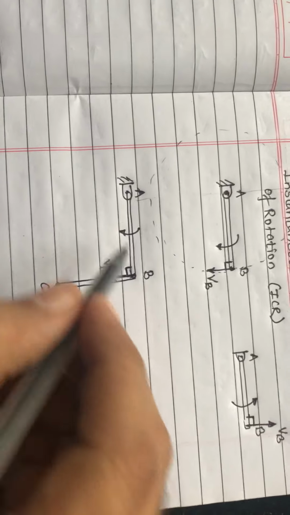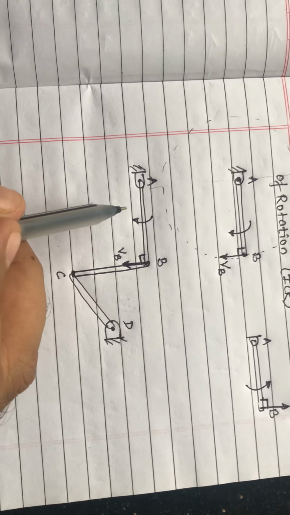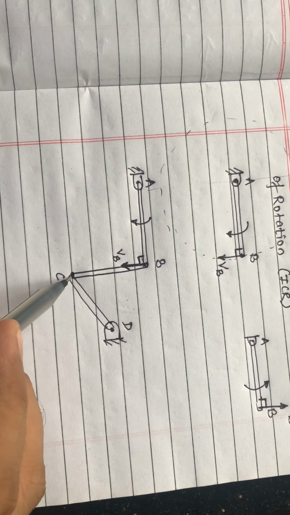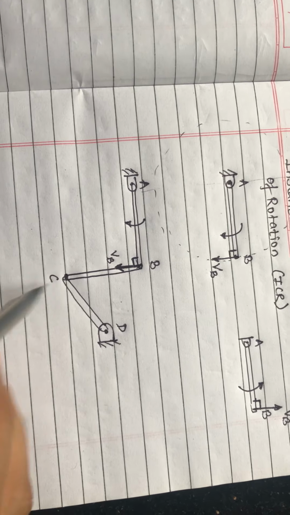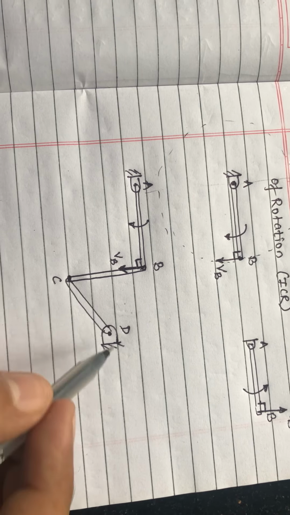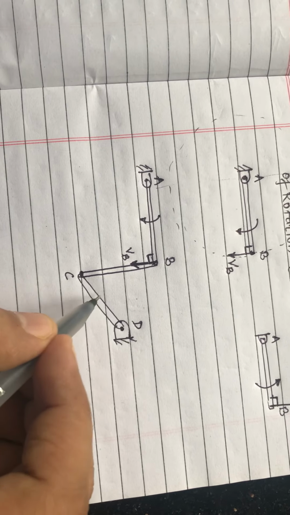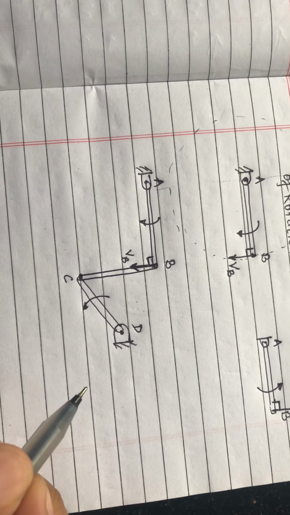Next, suppose AB is rotating in a clockwise direction, then what will be the condition of point C? The point C will be moving down. If it is moving down, you can define that your CD rod is rotating in this pattern. Clear?